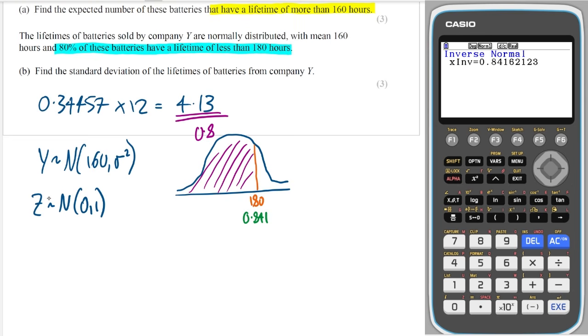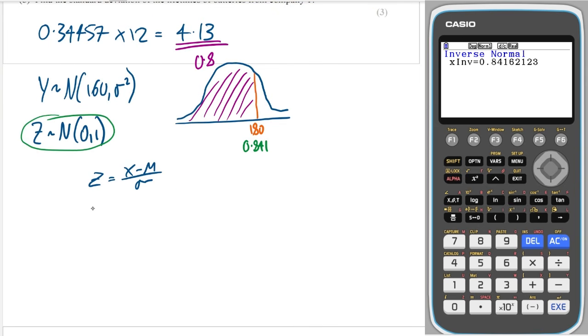Okay, so I've got my Z value and I can use the formula that Z is equal to X minus mu over sigma. So the Z value is 0.841. The X value is 180 minus mu, the mean is 160 over sigma.